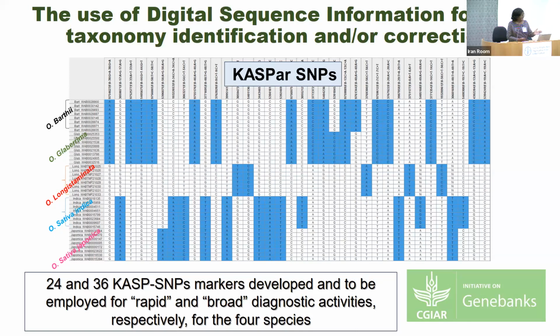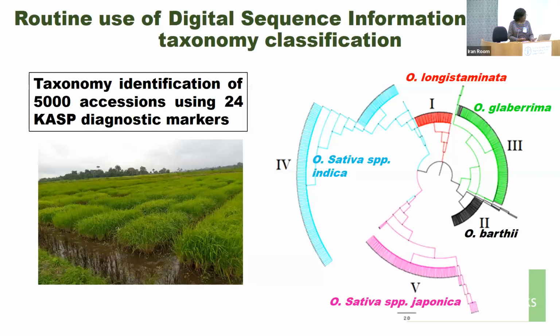We developed several types of markers, and those markers are able to separate the African species from the Asian species, etc. We can also use DSI to identify all the species that you have in the collection. This is the case of rice, where you have glaberrima, African rice, Asian rice, and the wild species like barthii and longistaminata. You have several clusters, and you are able to classify them.